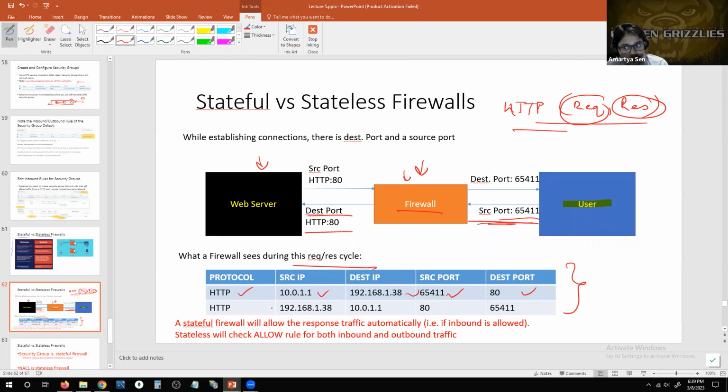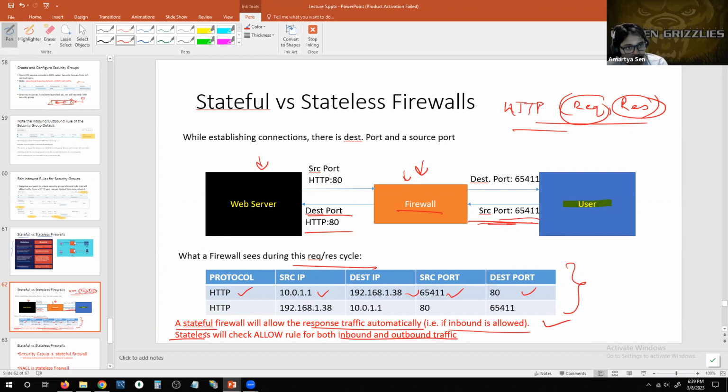Whatever was source in the inbound traffic will become the destination in the outbound traffic, right? So if you are dealing with a stateful firewall, it is going to allow the outbound traffic if the inbound traffic is already allowed. In stateless, it will check both the inbound and the outbound traffic. Again, I will repeat this.